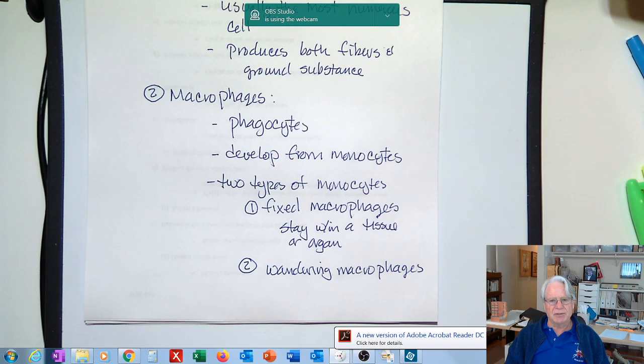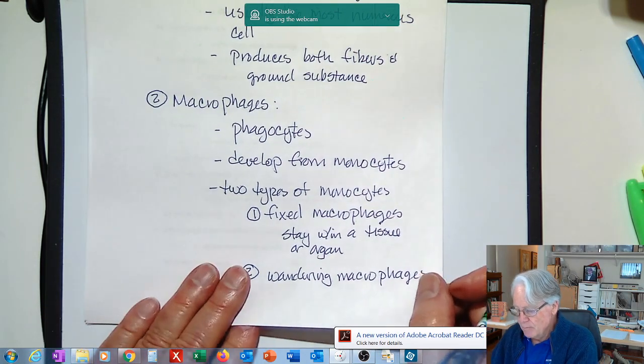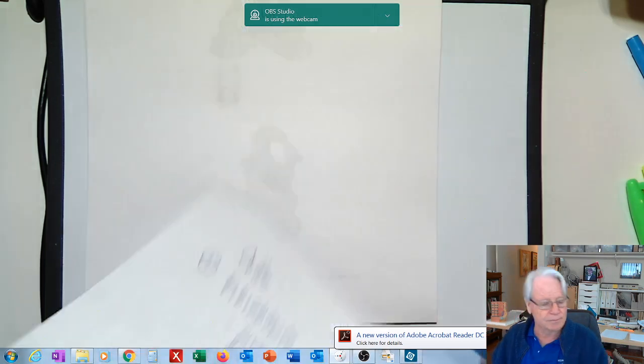They wander into tissues, and they're usually attracted to tissues that have an infection or damage. There's a whole series of signaling molecules that they pay attention to, which cause them to leave the bloodstream and migrate into tissues where they're needed. So these are wandering macrophages. We have both of these types of macrophages in connective tissue.